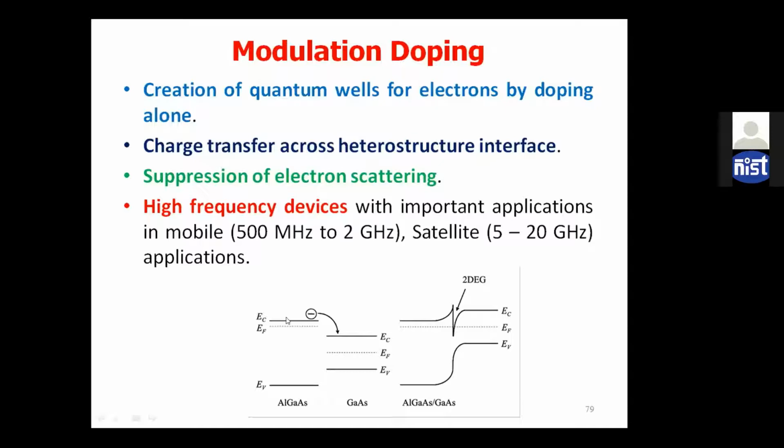Here in AlGaAs it becomes positive charge, and here it becomes negative. Due to this separation of positive charge from the electrons, there is suppression of electron scattering. That's why this is implemented in high frequency devices, particularly in mobile communications, satellite communications, etc.